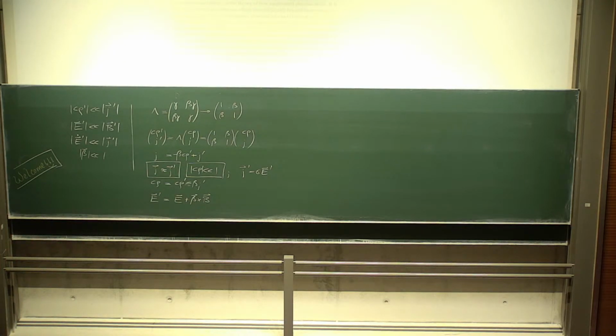But then, if we cannot neglect J prime, we cannot neglect E prime either. And it will have a small contribution, okay, but it will be there.